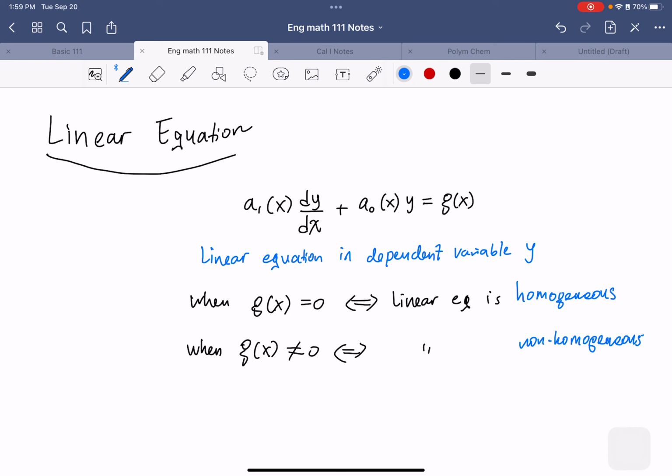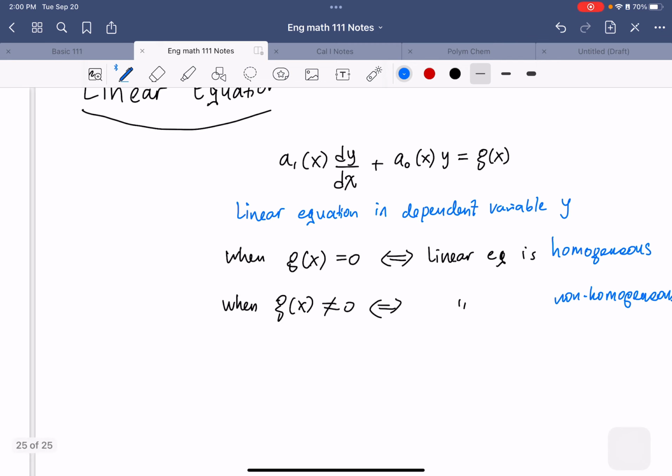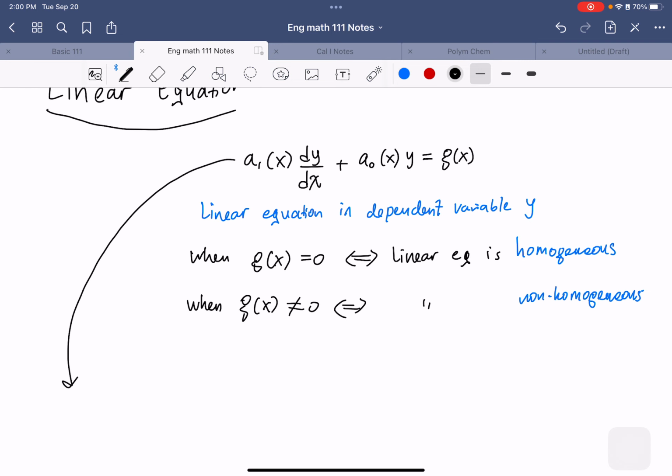Okay, now from this linear equation, we would like a more simplified form that may be more useful in the future. Because we have a constant here, a constant also here, and a function of x here, maybe we need to divide by either a1 or a0. So let's divide by a1 of x.